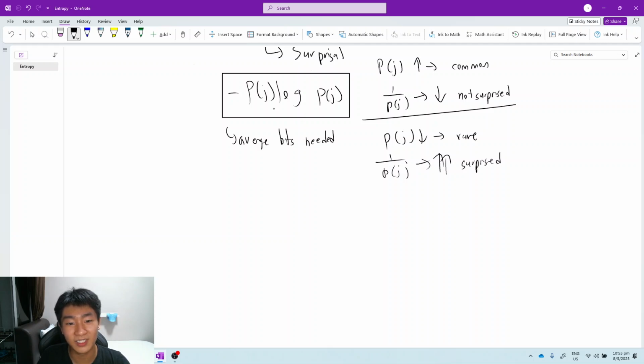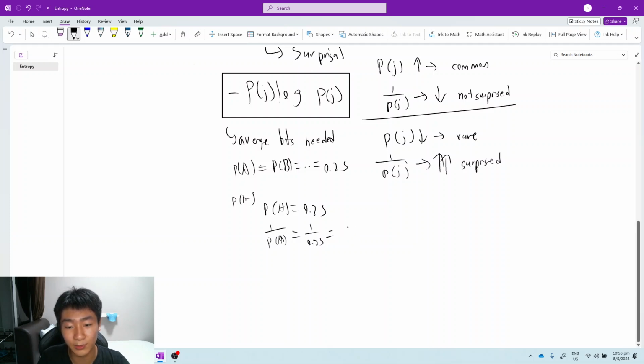How does that work? Let's go back to A, B, C, D. So PA equals PB equals 0.25. So for any character, let's just use the case of PA. Your PA is 0.25, and as such your surprisal, 1 over PA, is equal to 1 over 0.25, which is 4.